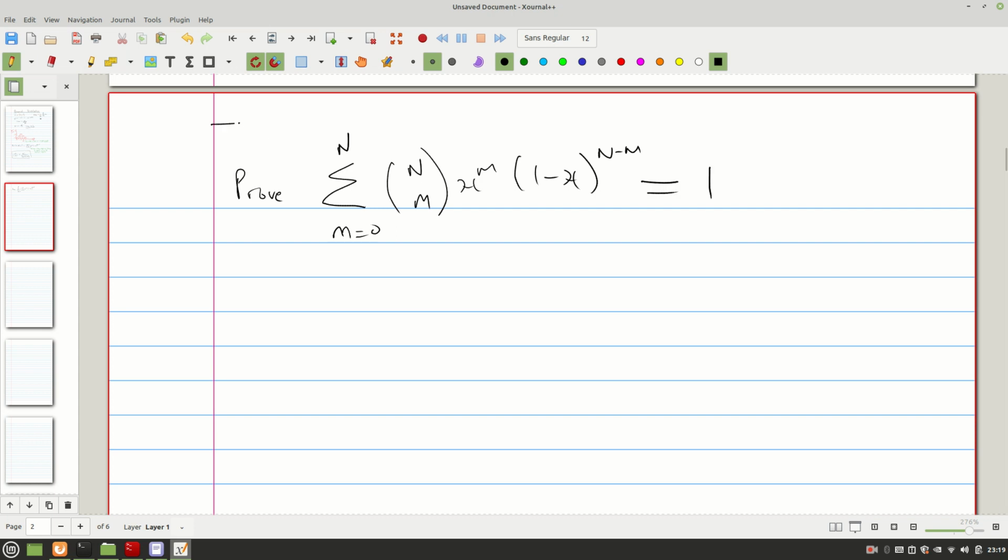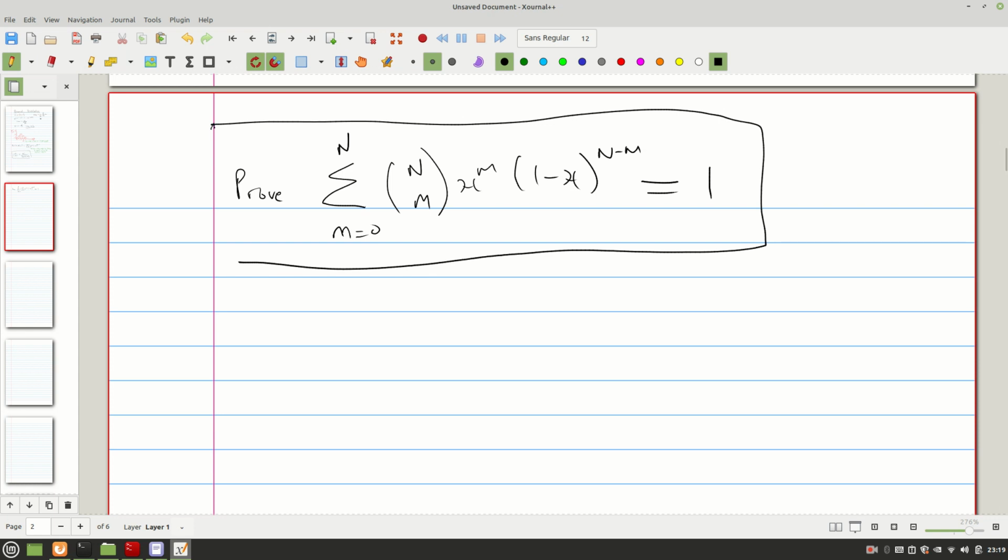So this is the proof we're working towards. We need to prove that it's a probability distribution, but first, to aid in this proof, we're going to need to prove a couple of properties that are going to help us complete this proof.